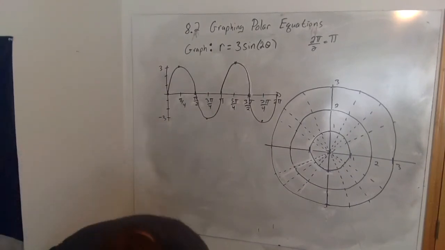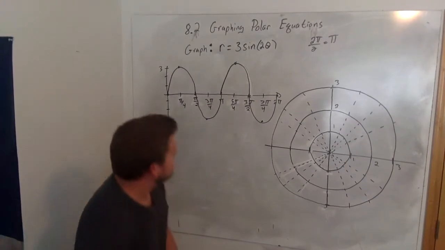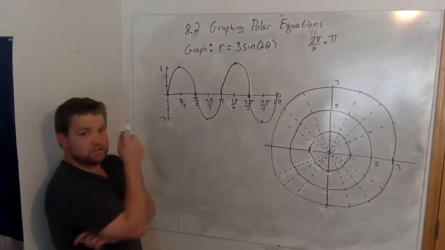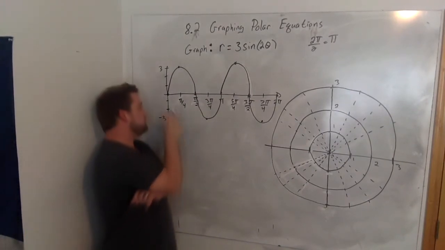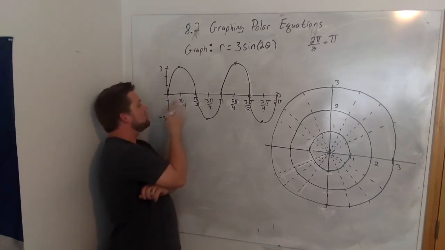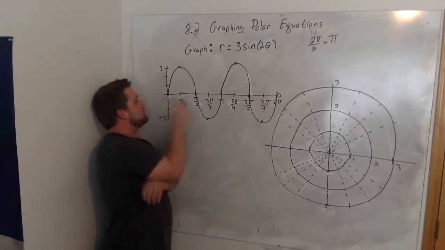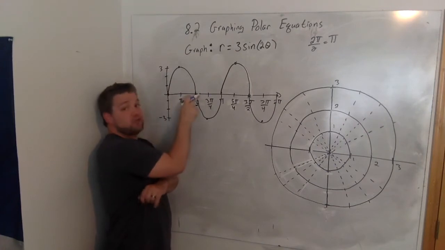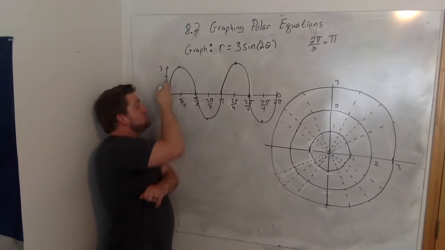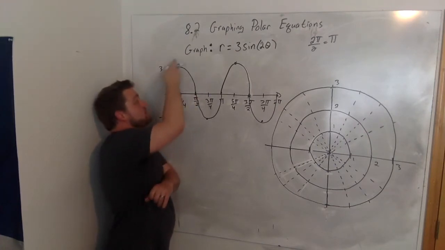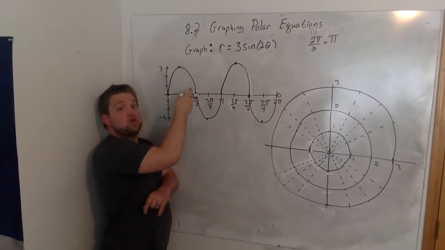Okay, so let's start. What I like to notice is, between 0 and pi over 2, what's going to happen? The radius is going to get bigger, and then it's going to go back down.